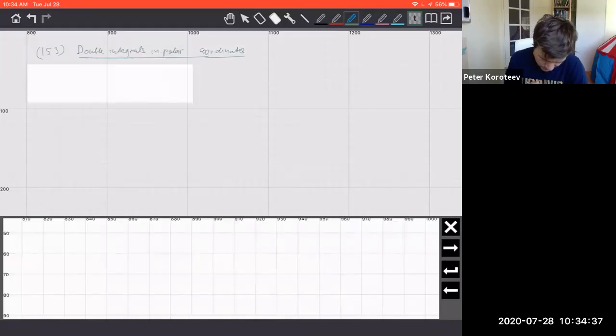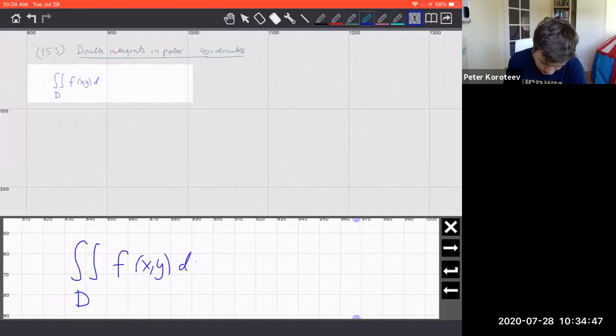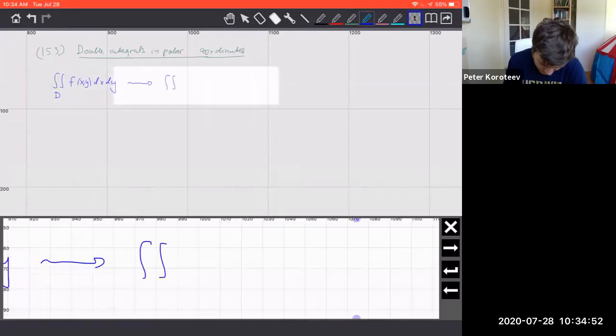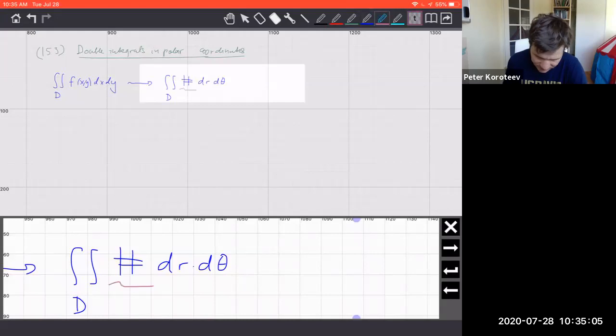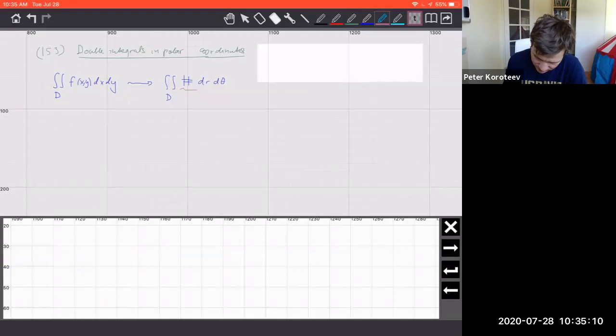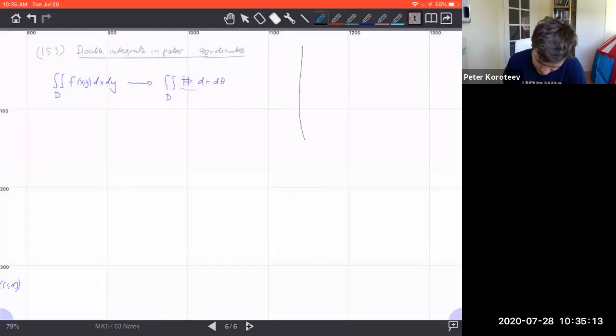The idea is to rewrite an integral like this as an integral of something dr d theta, right? So our goal is to figure out what this integrand will be after we've done the change of coordinates. So a quick reminder about polar coordinates.